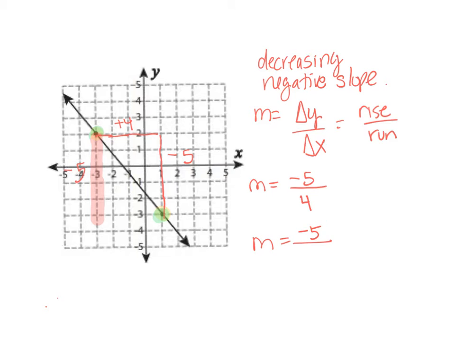And that negative 5 is representing the rise. And then to the right, 1, 2, 3, 4. To the right 4 would be a positive 4 move, and that's representing the run.